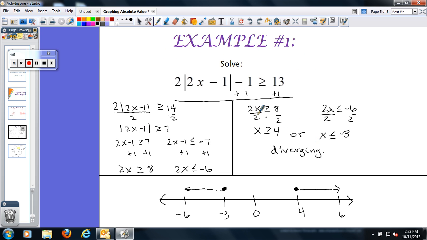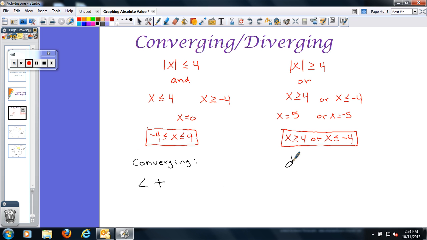And if I look at this one, I have greater than a positive number, then it's diverging. So converging is less than a positive number, diverging is greater than a positive number. And that will always be true.